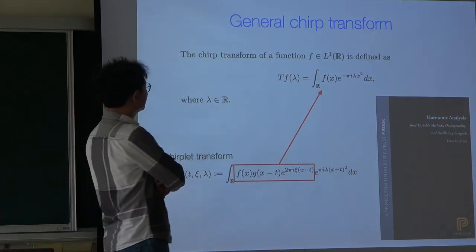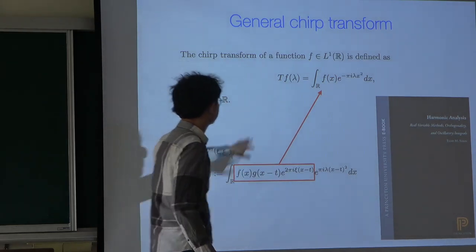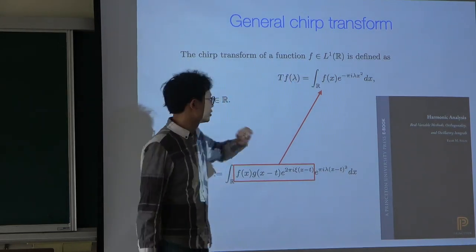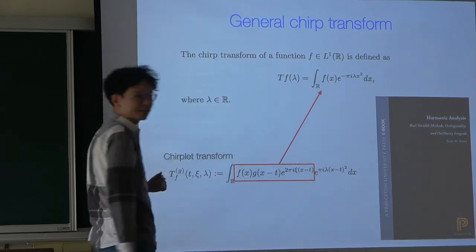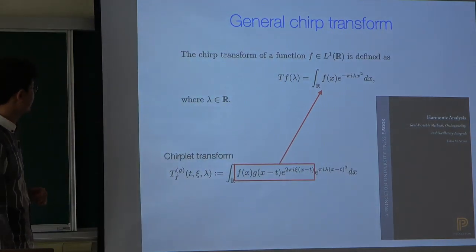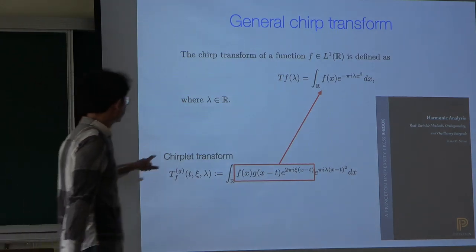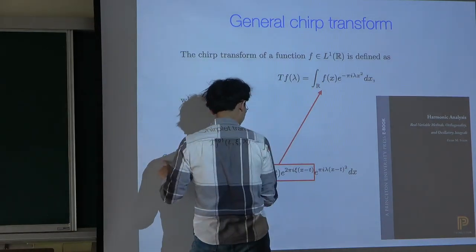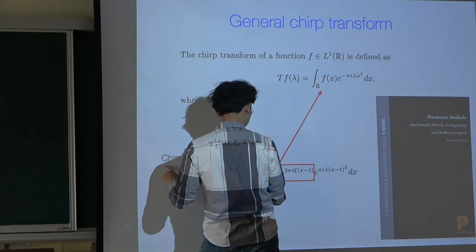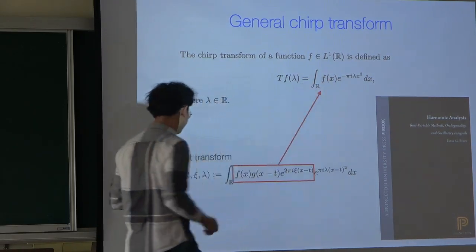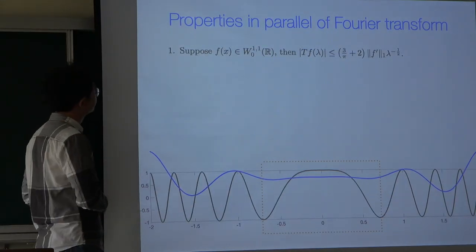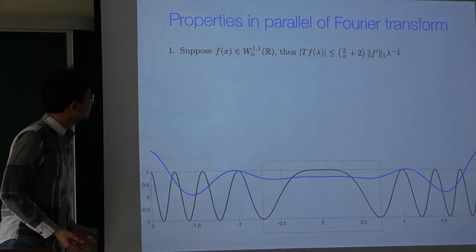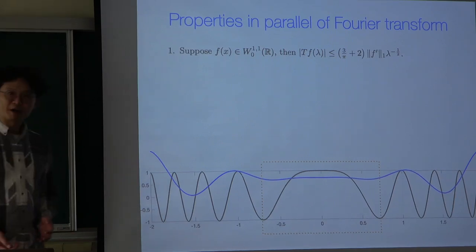The chirp transform of an L1 function is defined in this way, which is a very classical topic in harmonic analysis. You have a polynomial oscillatory term, and the Chirplet transform, again just like before, is nothing but you take g, a window, combined with it. There are several good properties of the Chirplet transform that are parallel to the Fourier transform.